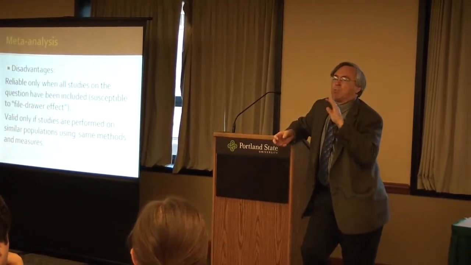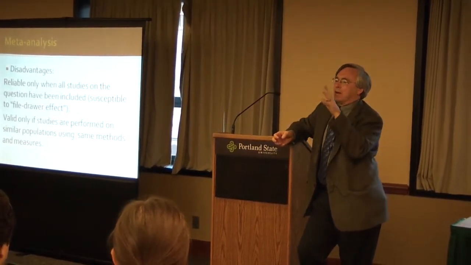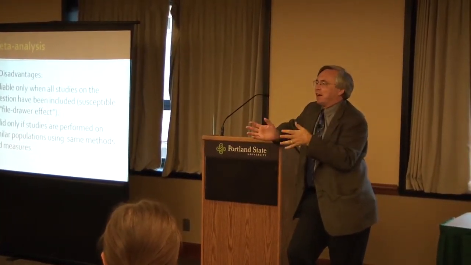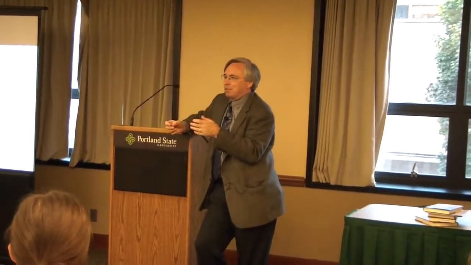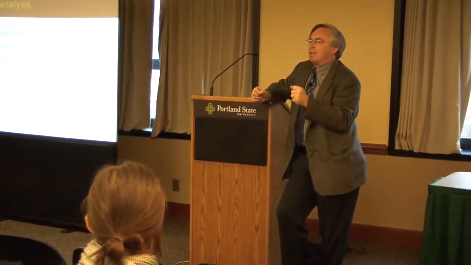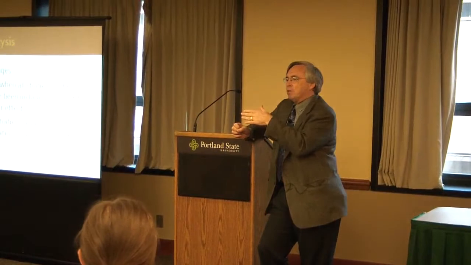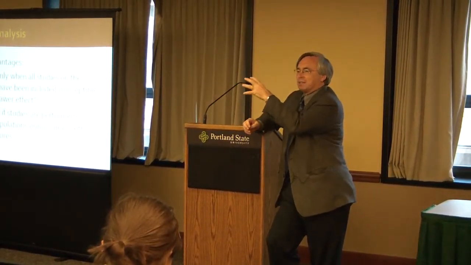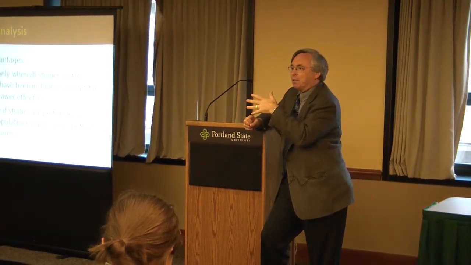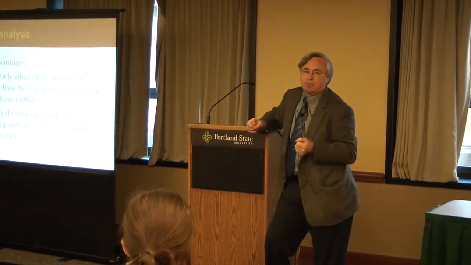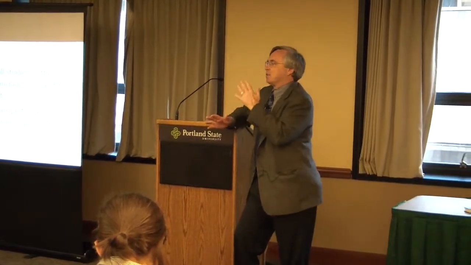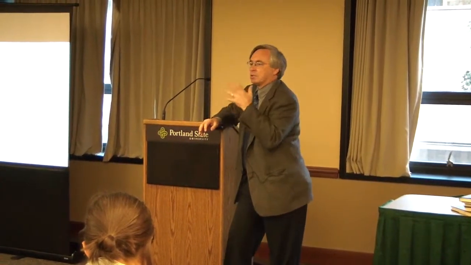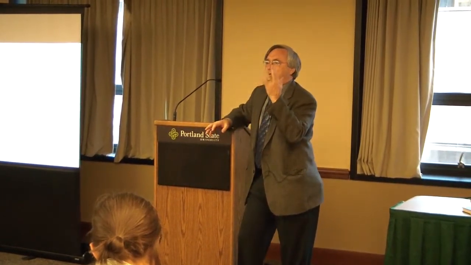Especially, because the ones that are not published are likely the ones that didn't find a big result, so the researcher says, I'm going to try something else. And if all you've got are the ones that were published, then you've really skewed the data to finding something that may or may not have actually been there, because the ones that didn't find it didn't bother to publish. So you cannot justify doing the statistics on meta-analysis unless you get all the studies.